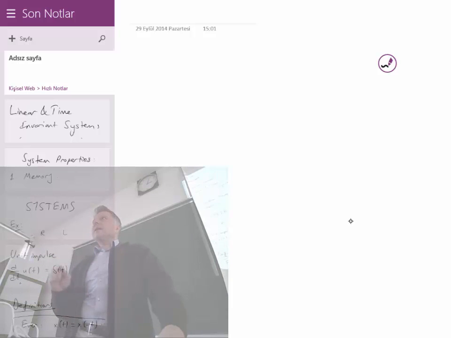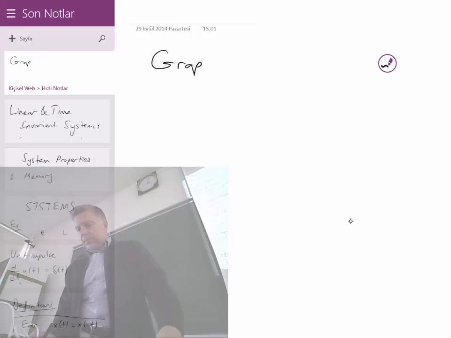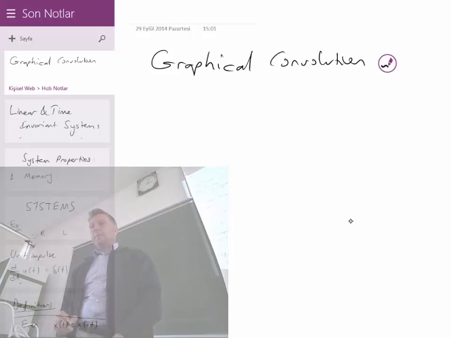Fortunately, life is a little bit easier than that, because there is the concept of graphical convolution. Graphical convolution is the same convolution. What was convolution?